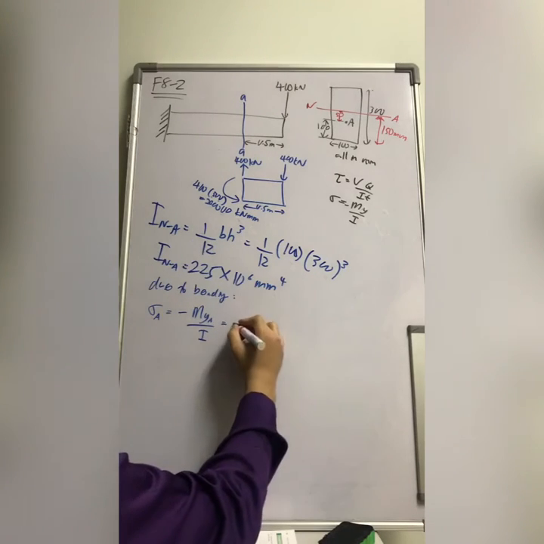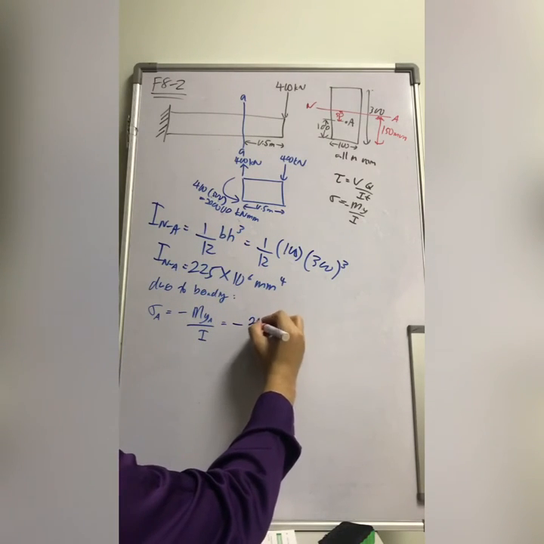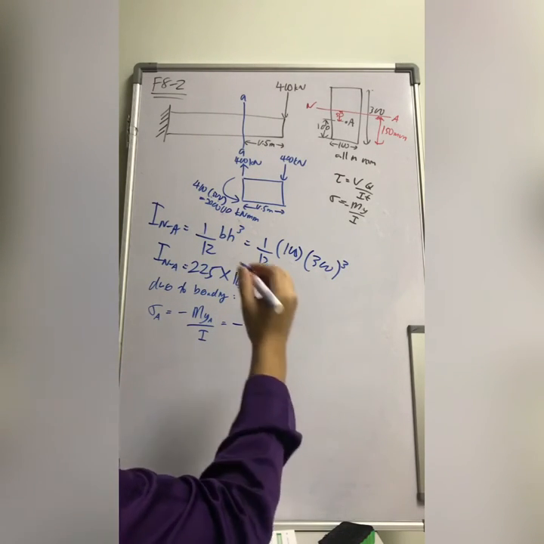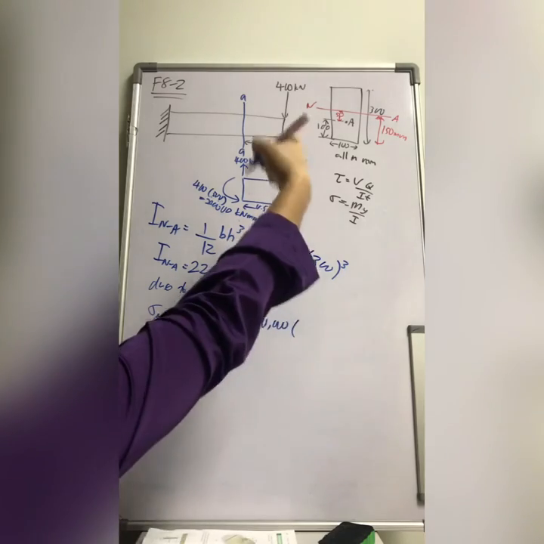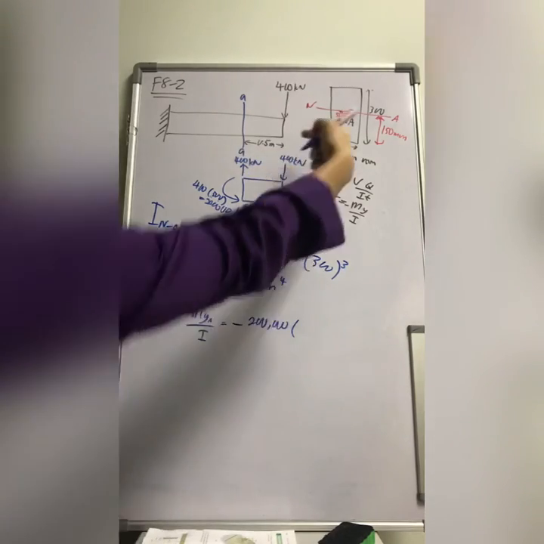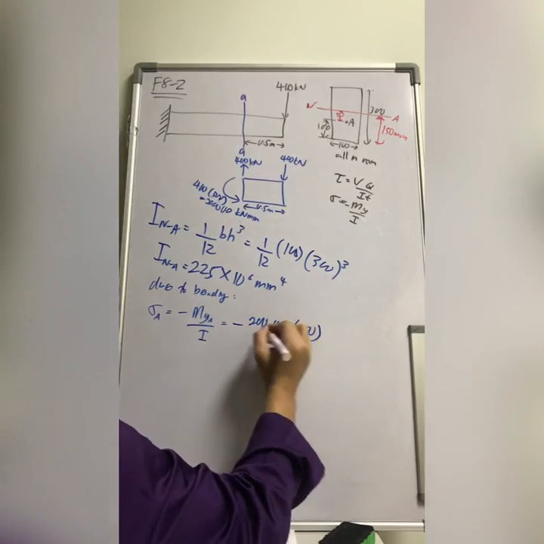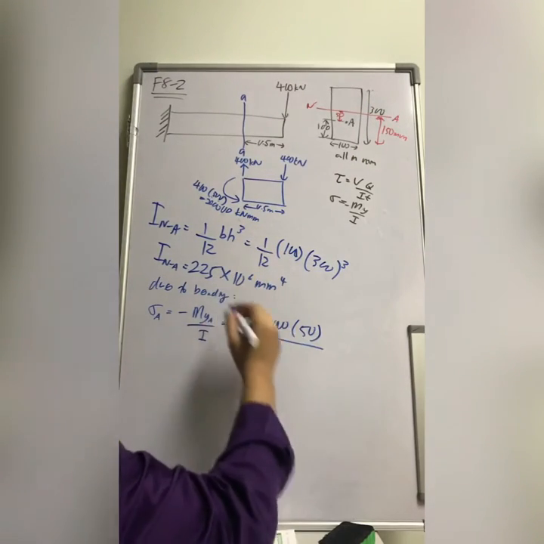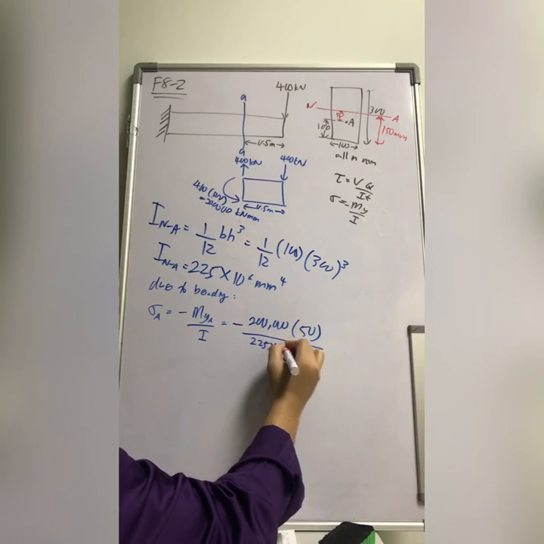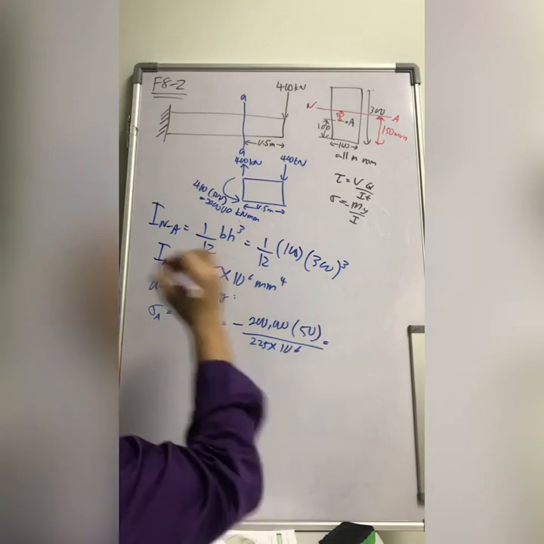So it is minus, and M is 200,000 kilonewton millimeter, and y of A is the distance from the neutral axis to A, not from the bottom. From the axis to A, which is 50 millimeter, and I is 225 times 10⁻⁶ millimeter to the power 4.